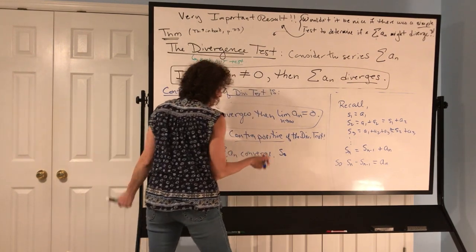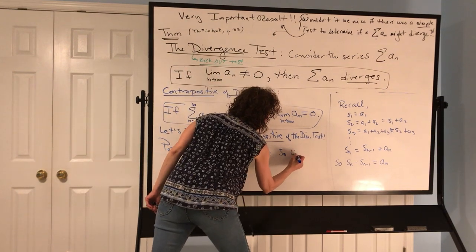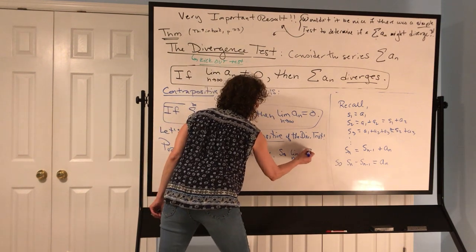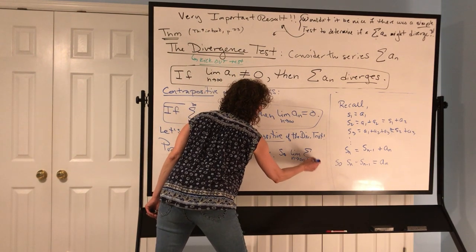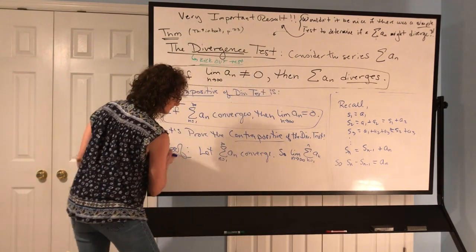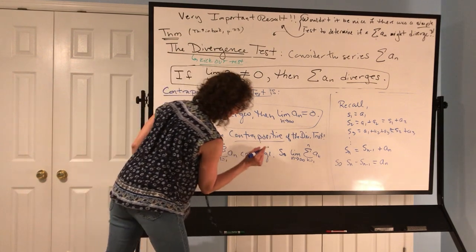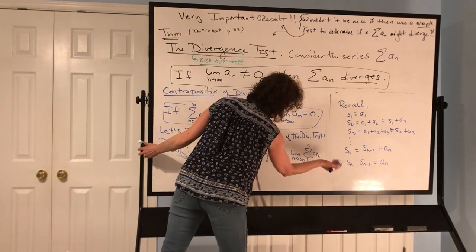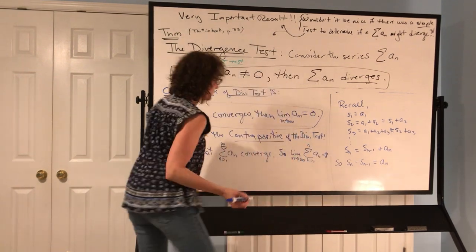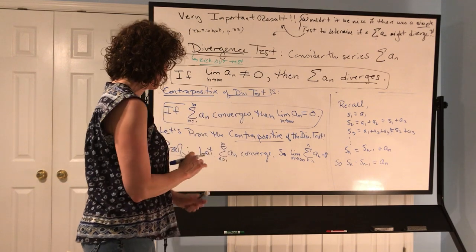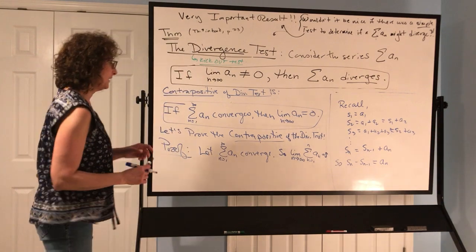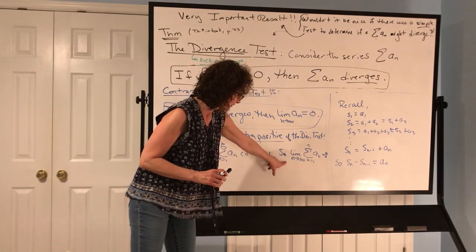Well, the limit as n goes to infinity of the sum k equals 1 to n of a sub k equals s. I should have probably done this in a different order, but we'll go with it. So that's what it means for this series to converge.